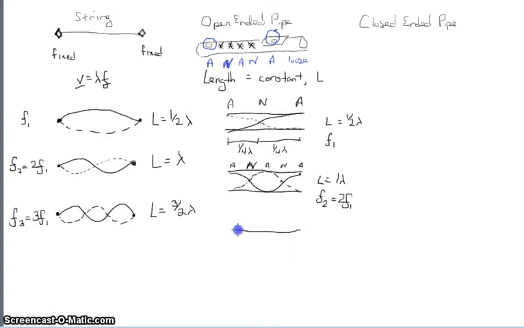So as we continue to go to the third harmonic, we're going to have an antinode, node, antinode, node, antinode, node, antinode pattern. So looking at this, essentially, we're adding a node and an antinode.